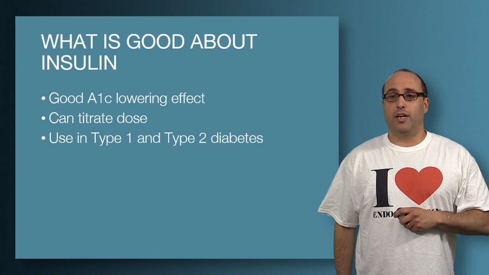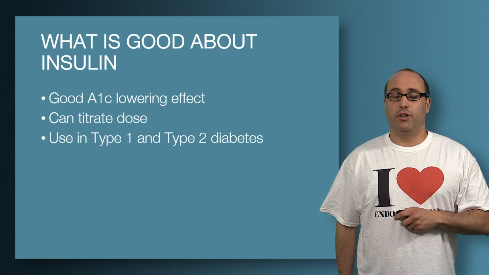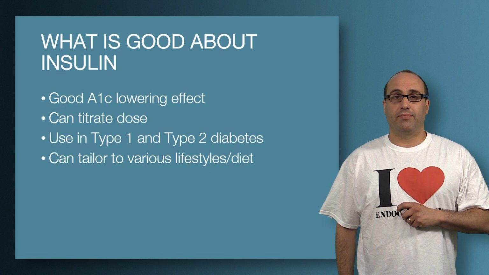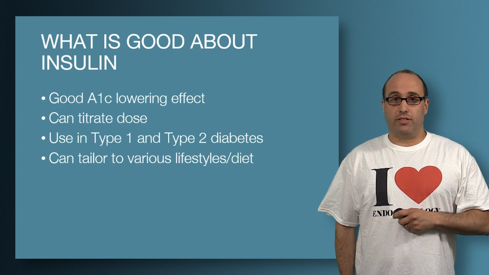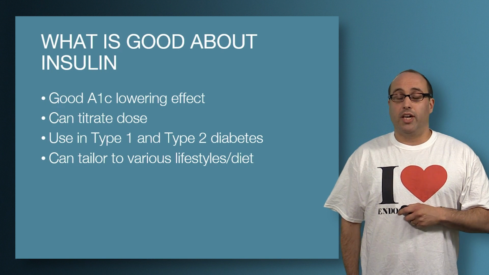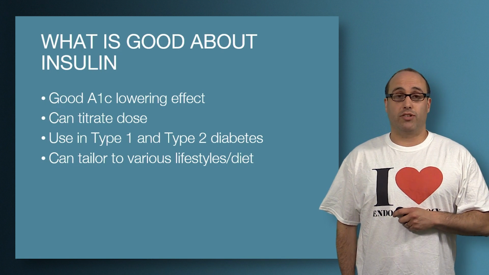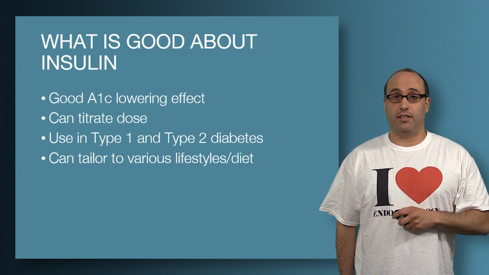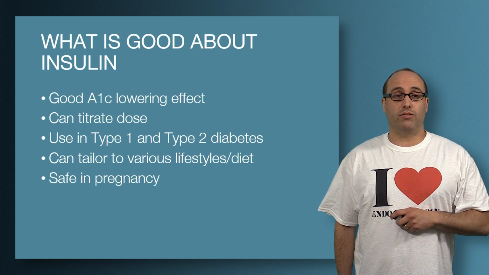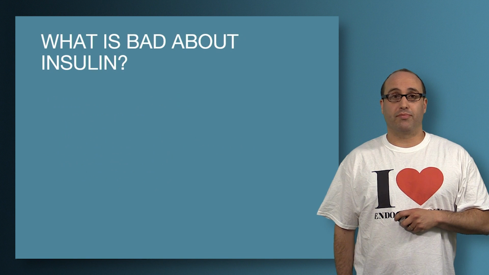It can be used in any type of diabetes, type 1, type 2, gestational, and so on. And we can tailor various insulin regimens to our patient's lifestyle and diet. If a patient, for example, misses his or her meal, then he or she wouldn't take their insulin injection at that time. It's also safe to use in pregnancy.